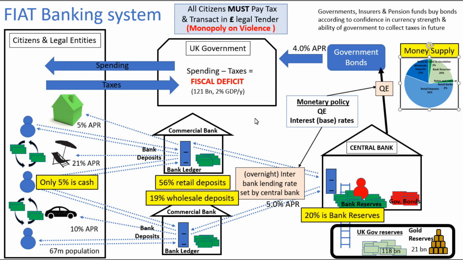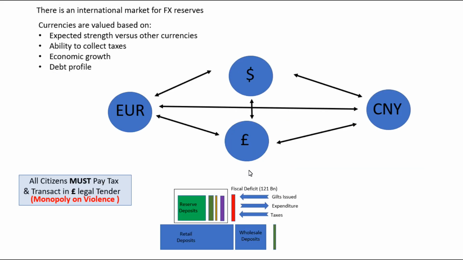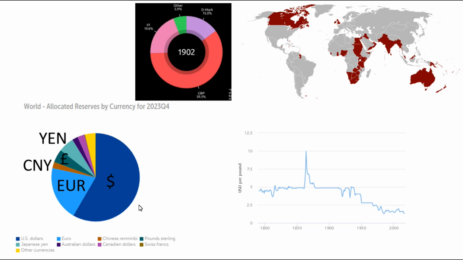And backed up by the strength of modern society and the technology enforcing it, as long as there's confidence in the government being able to raise taxes in the future using government bonds, the fiat banking system remains fairly robust. It's strengthened even more by the fact that all of the other governments are operating fiat banking systems as well, creating this globalized network effect where the relative power of different nation states can be measured by how much other countries covet their currency for foreign exchange reserves.